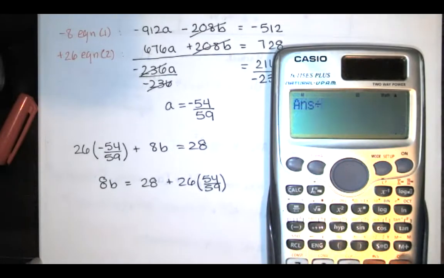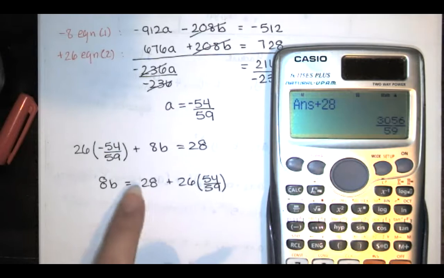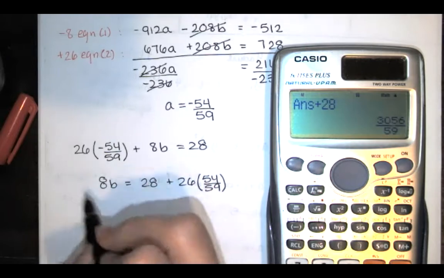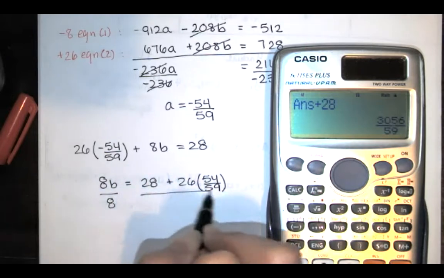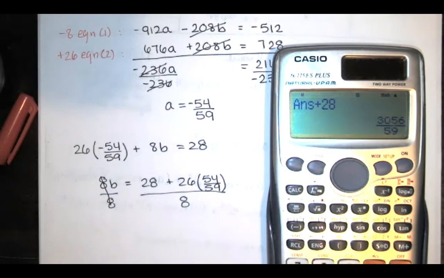Oops, I typed that incorrectly. 54 divided by 59 times 26 plus 28. That's this quantity over here, and then we're going to divide it by 8 to isolate B. And we get 382 over 59.